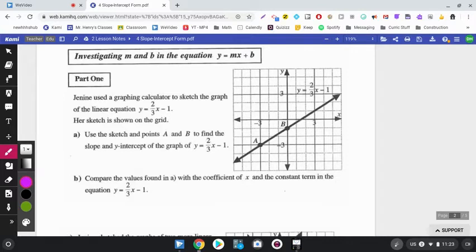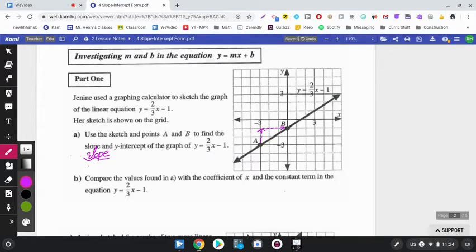Okay, Janine used a graphing calculator to sketch the graph of the line 2/3 x minus 1. Her sketch is shown on the grid. All right, there it is. Use the sketch and points A, B to find the slope and y-intercept. So I would say slope. I can count, maybe I use the slope formula, or maybe I just say from A to B, you go up 2 over 3.